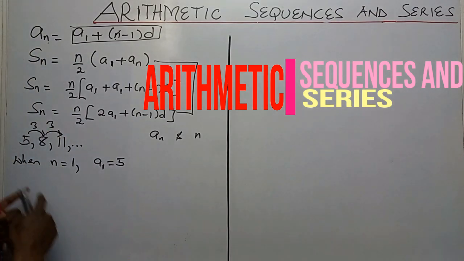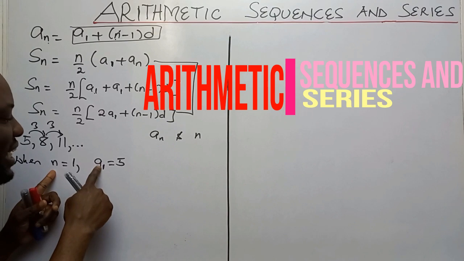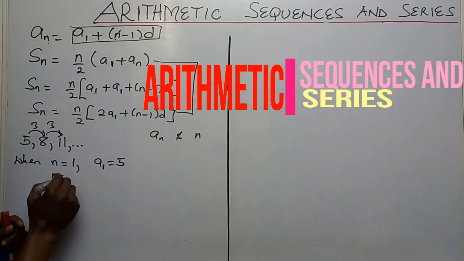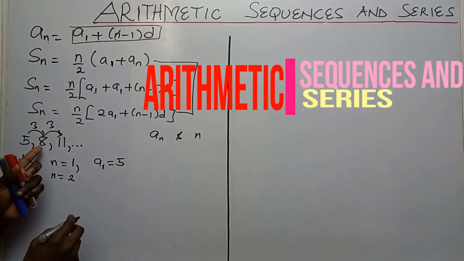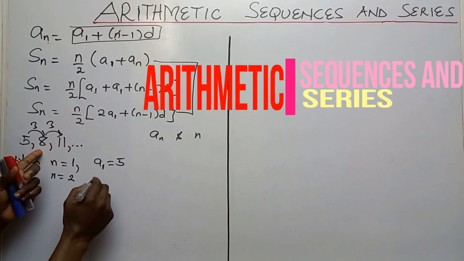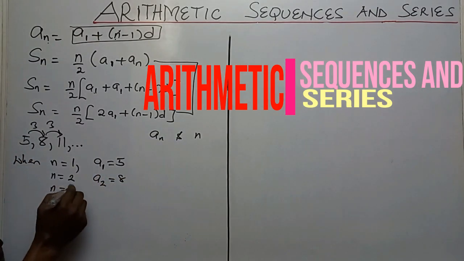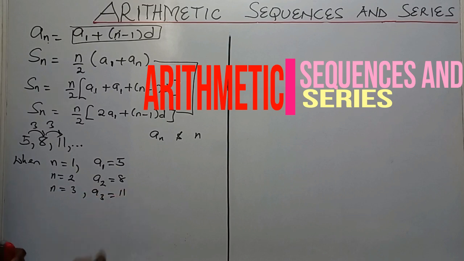When n is 1, a sub 1 is 5. When n is 2, on the second position, we have a corresponding a sub 2, which is 8. When n is 3, we have a sub 3 to be 11.